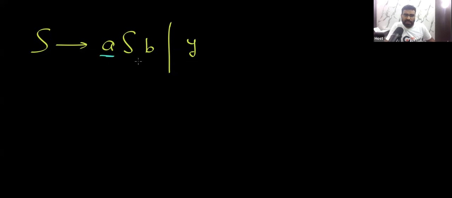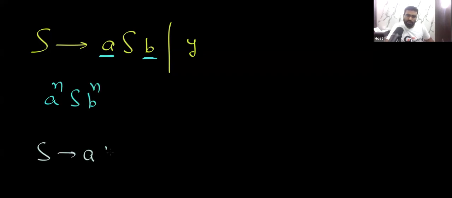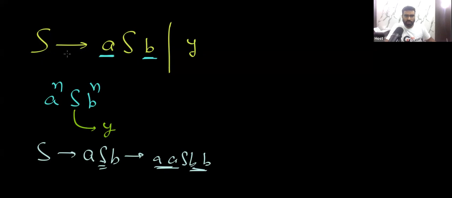Basically for every a there is a b. What will be generated here? A power n S B power n will be generated, because S will go to A S B. So you are getting A power n S B power n, and finally this S you can replace with Y. Remember, from S you can directly get Y also.